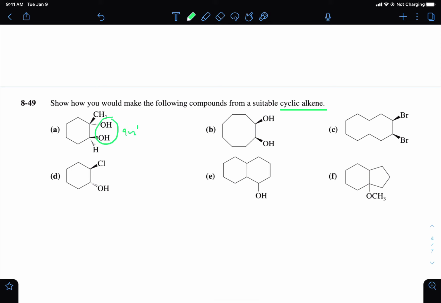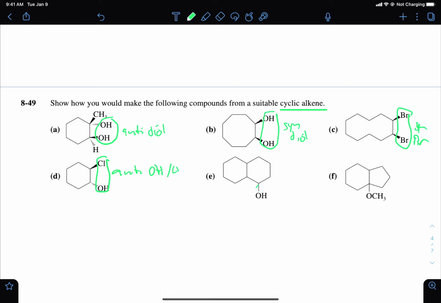antidiols. Okay, we'll go through each of these, but antidiol, syndiol, synbromines, OH Cl.